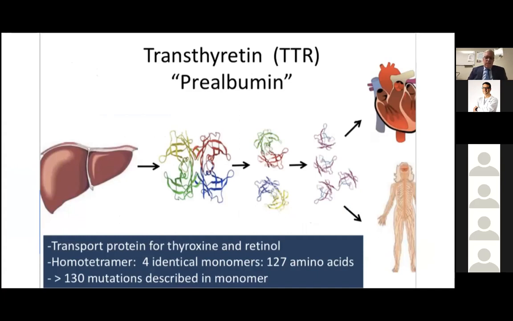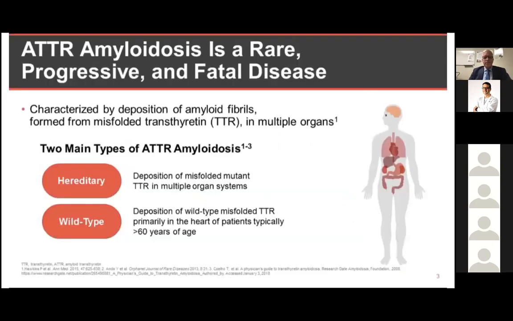An unstable tetramer is where they get misfolded and unfolded and get deposited typically in the neurological system or the heart. So 4 identical monomers, and there's many mutations that can occur. We're now recognizing over 130 in this monomer. It used to be thought to be rare, but now we're recognizing it's increasingly common.